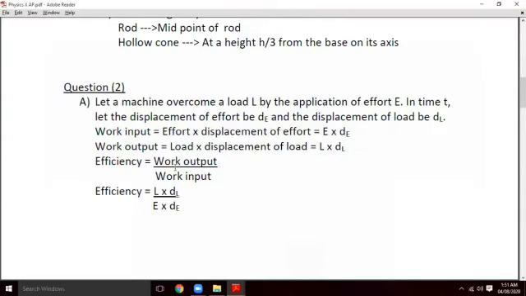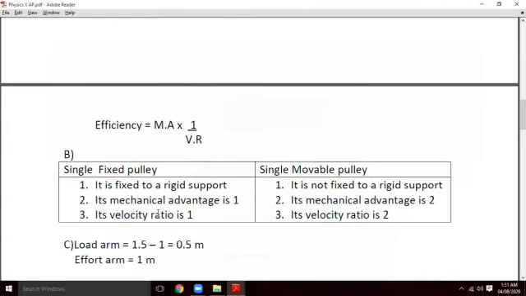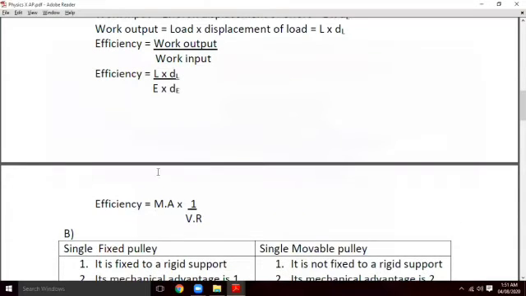Efficiency, as we already know, is work output upon work input. Therefore, we get efficiency is equal to L into dL upon E into dE, taking the values from the top and substituting here. Once we get that part, then we can say L upon E is mechanical advantage, so it is replaced by MA, and dL upon dE is 1 upon velocity ratio.